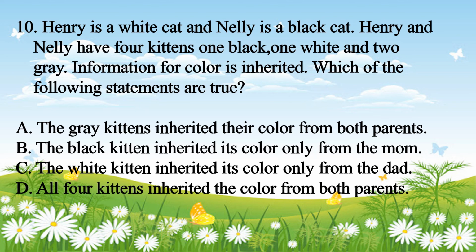A. The gray kittens inherited their color from both parents. B. The black kitten inherited its color only from the mom. C. The white kitten inherited its color only from the dad. D. All 4 kittens inherited the color from both parents.